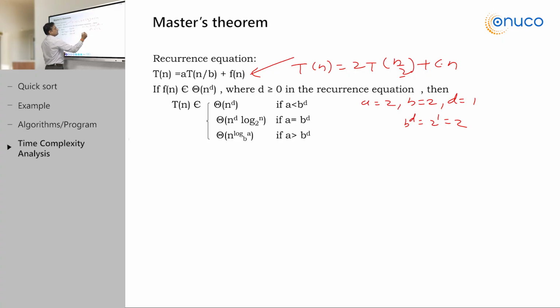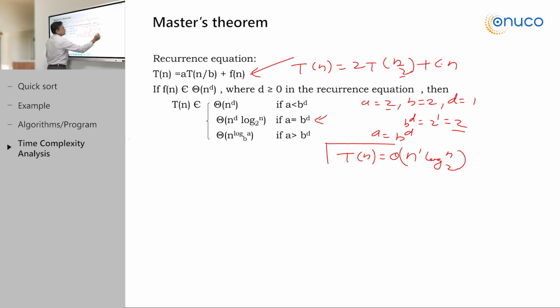Hence a is equal to b to the power d, both are 2. So it will fall in the second case, and in that case the time complexity is theta of n to the power d times log n base 2, where d is 1. So this is the time complexity based on the master theorem.